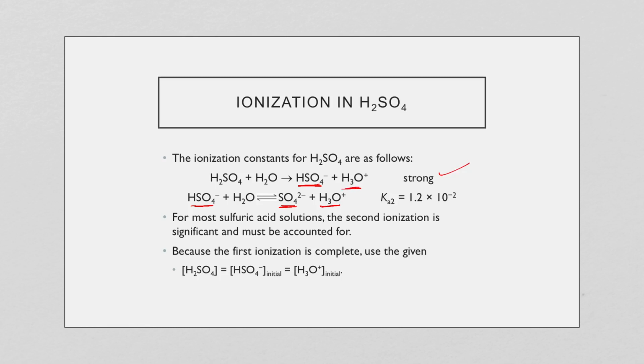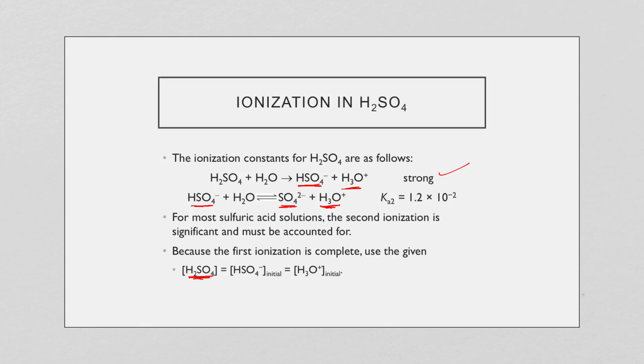So we get hydronium from here and hydronium from here. Because of the size of this, it typically produces a significant amount and we have to account for it.